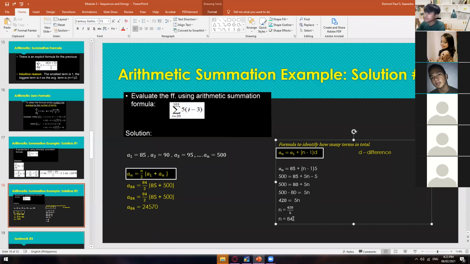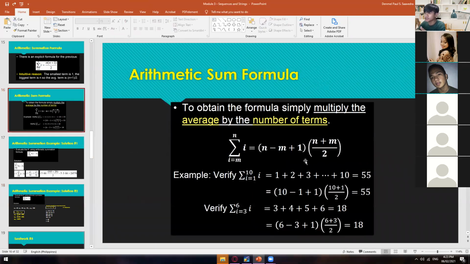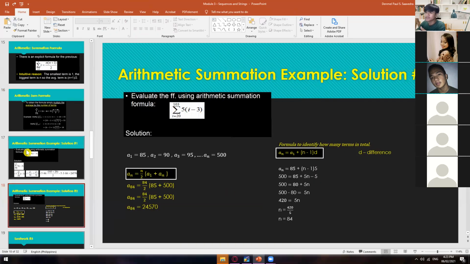Once you know the total terms in this range, you can proceed in applying this formula, which is another way of getting the summation: n divided by 2 times (a sub 1 plus a sub n).